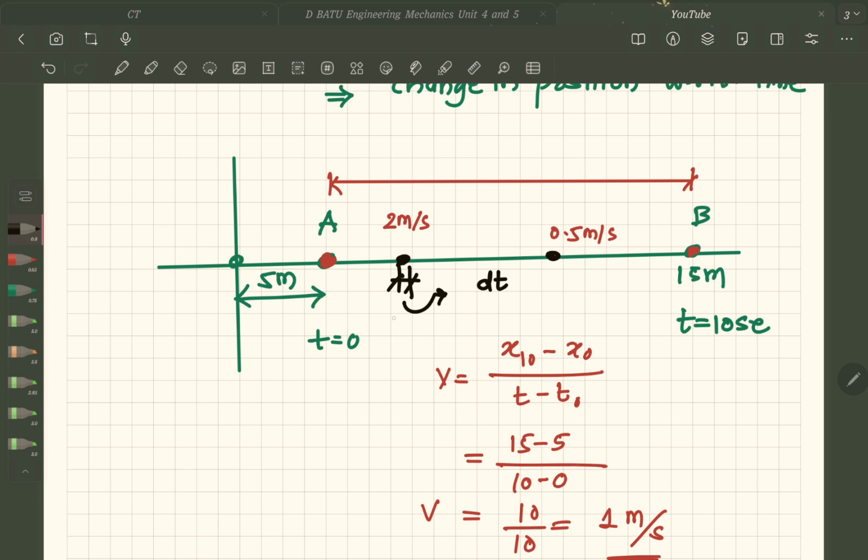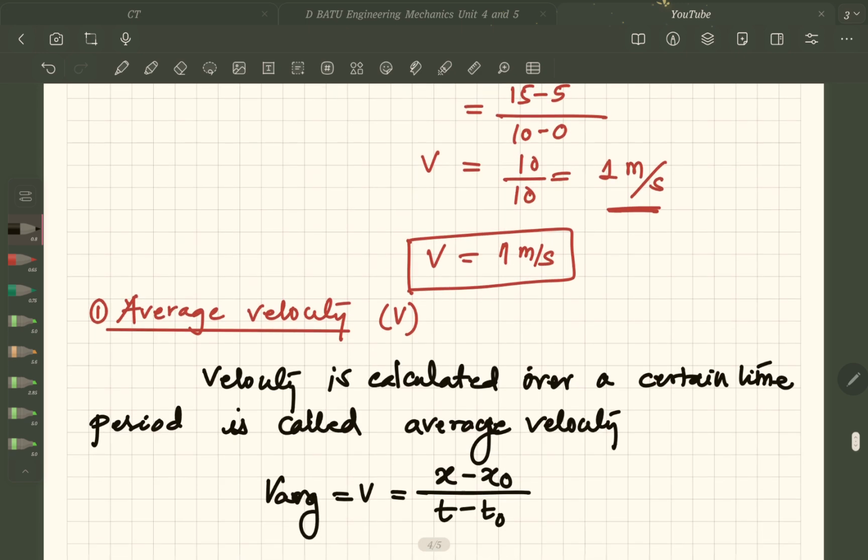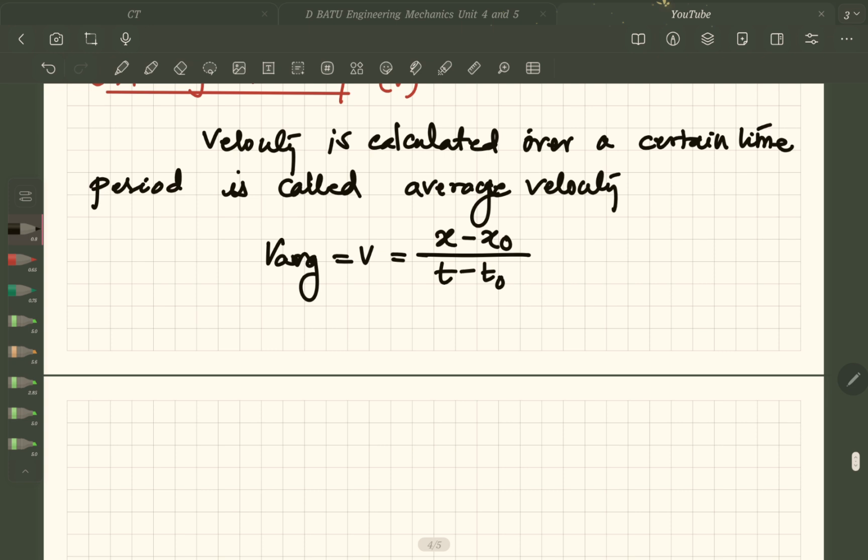So suppose at this initial point the time is t1, then after a very small fraction of a second, I am adding the time period as dt. Within these two time periods I am trying to find out the velocity. So the time is very, very small.